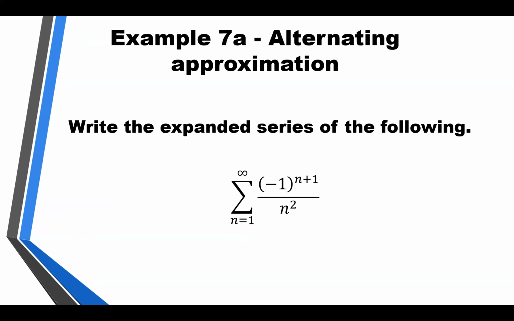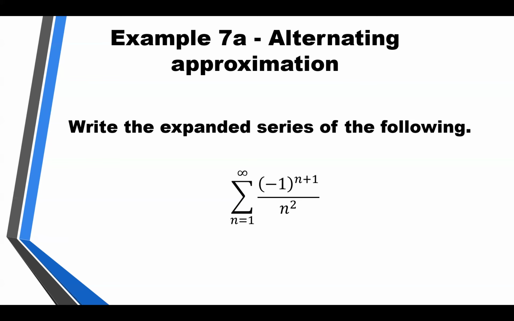So what we're going to do is we're going to take an alternating series that I already know converges. In fact, this one we saw earlier converges absolutely. This -1 to the n plus 1 divided by n squared, we know that that converges absolutely.